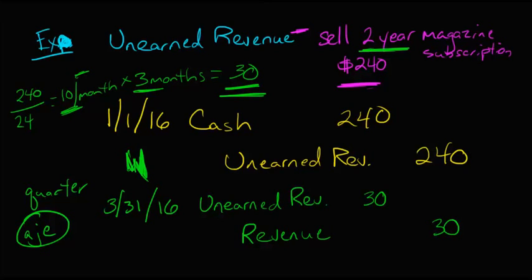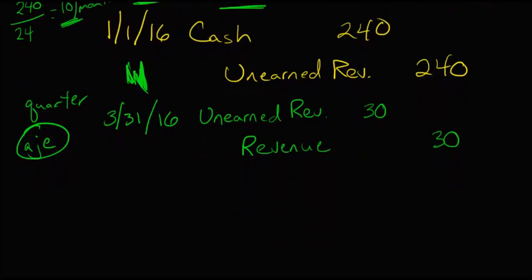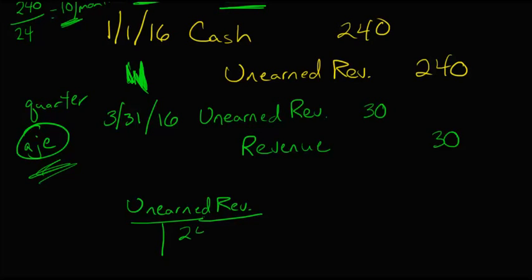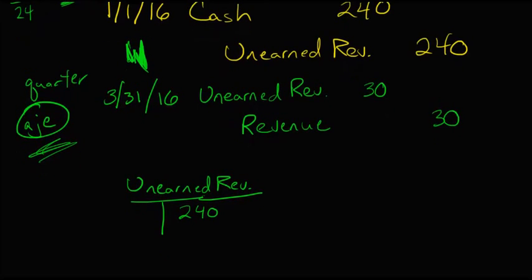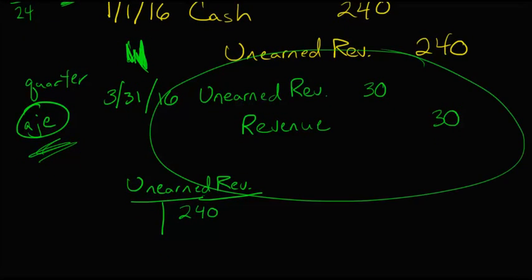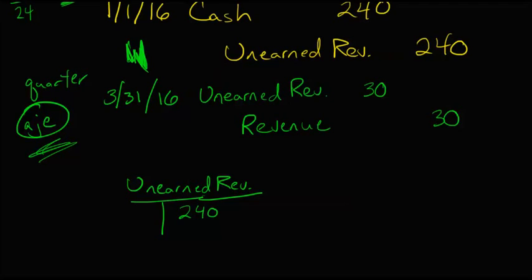So let's assume that we had a T account for unearned revenue. It's a liability, so it has a credit balance. The beginning balance, before we made the adjusting journal entry, would have been $240. But we made this adjusting journal entry to reflect the fact that time has gone by. Time is passing by, and now we can record $30 of this as revenue because we've delivered three months worth of magazines.